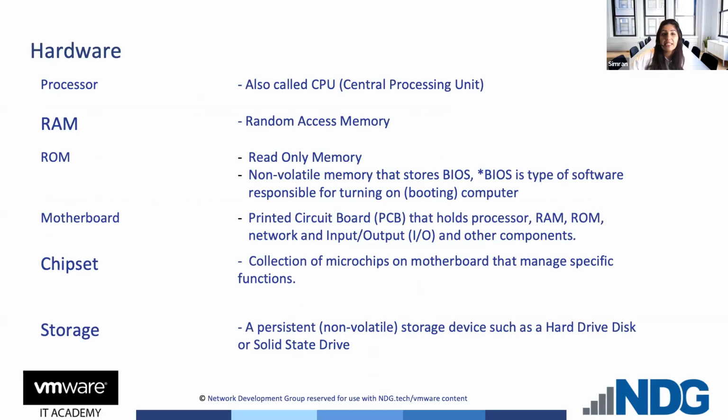So let's take a deeper look into some of the common components of hardware. First of all, we have a processor, also known as a central processing unit or a CPU. This handles all the basic system instructions, such as processing a mouse or a keyboard, or running an application.